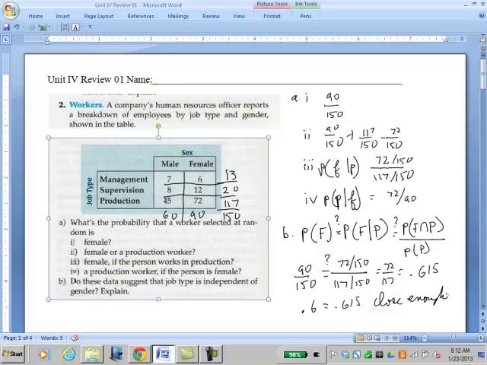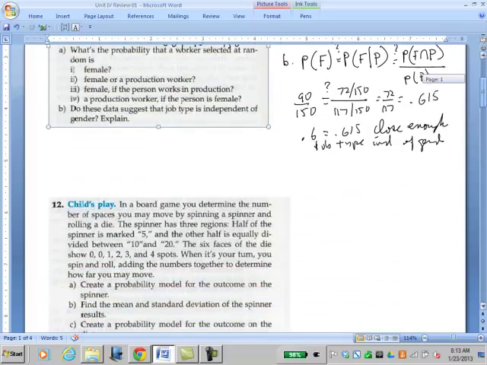Hand grenades, atomic war, and horseshoes. So job type is independent of gender. Now, if you did this with management, you wouldn't get the same results, but management numbers are much smaller, so it's not as statistically significant as using production. If you did management and supervision together, I think your numbers would be okay and would show independence.